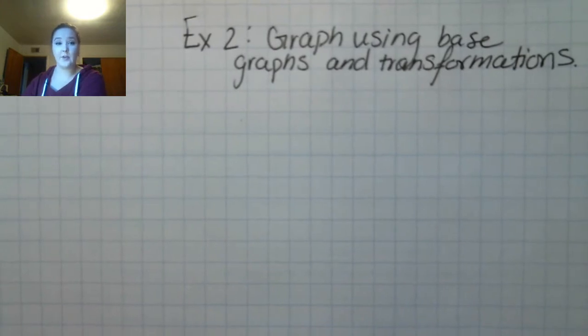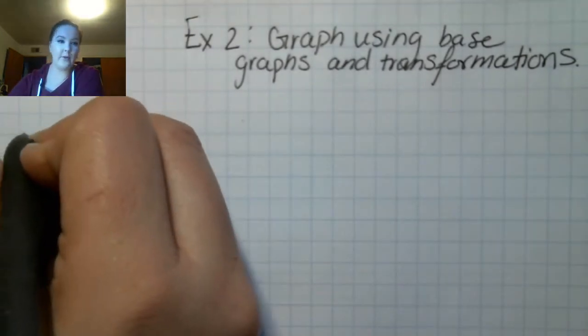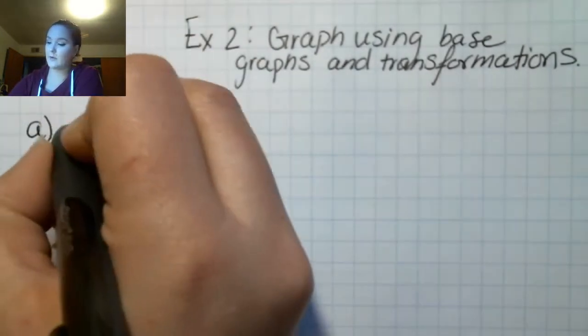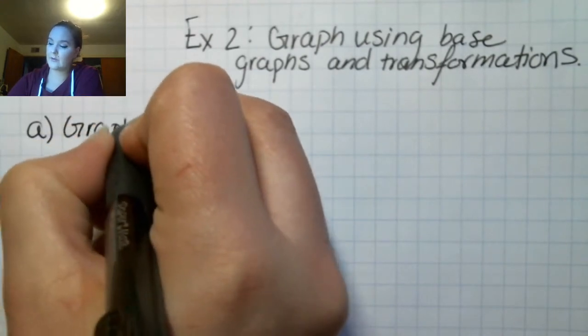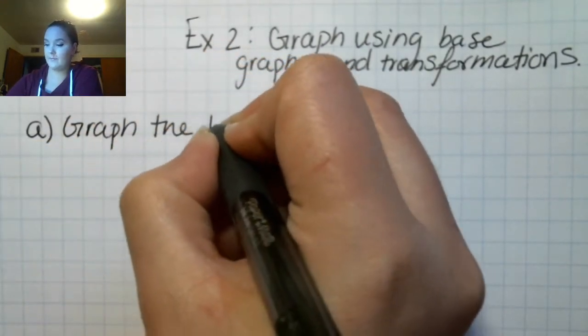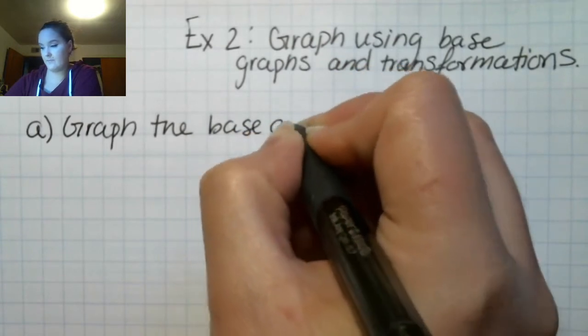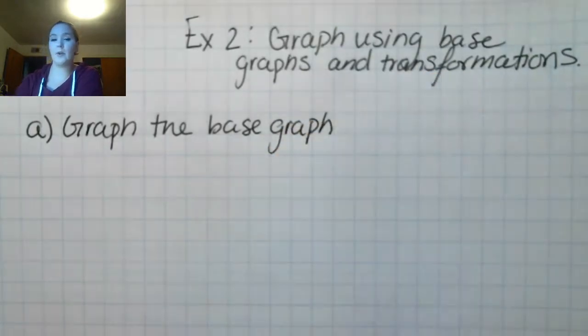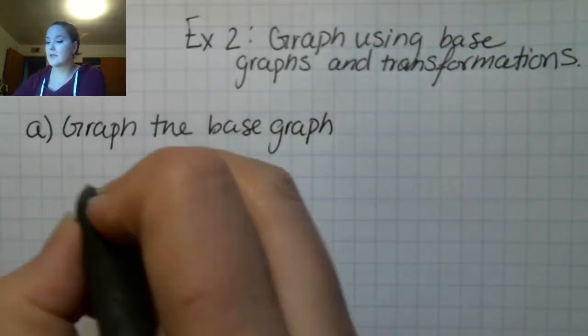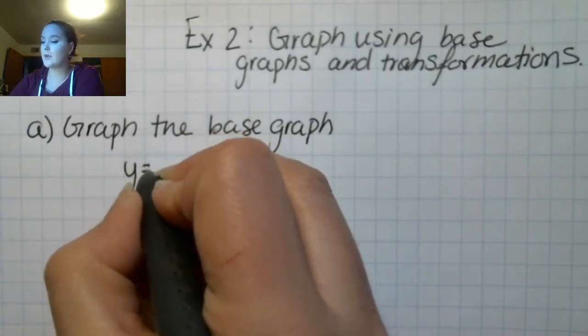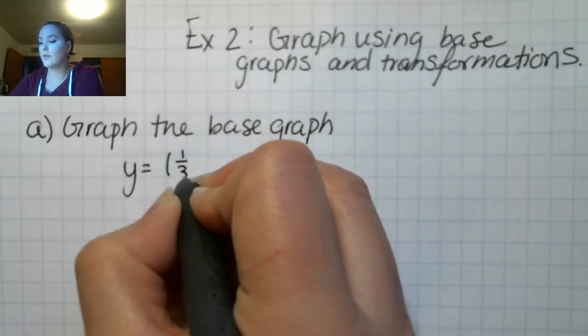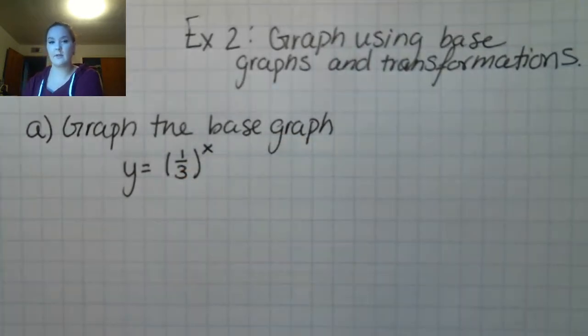Okay, so the first thing we're going to do is graph our base graph. So part A is going to be graph the base graph. Okay, and we're going to go with a base this time that's less than 1. So we're going to look at the graph 1/3 to the x.